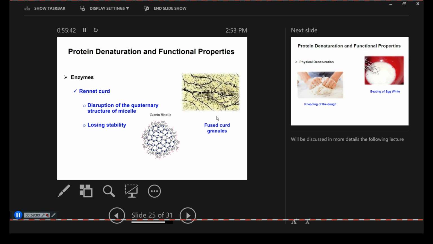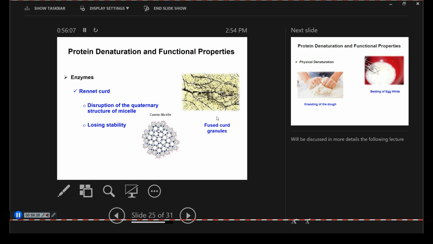One example in a food application is the formation of cheese curds. It's not the gel that is formed in milk when you reduce the pH to 4.6. There you form a gel texture, your yogurt, which contains the water. Here you form a fused curd and expel the water.